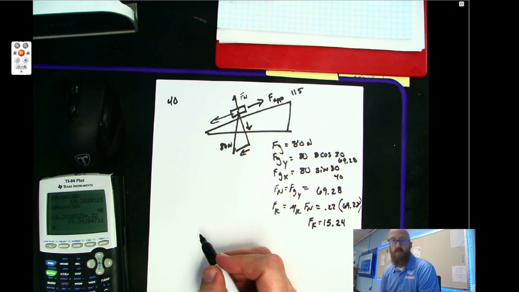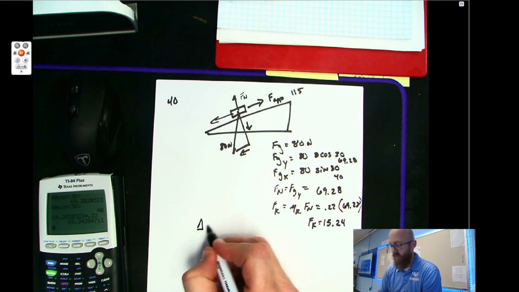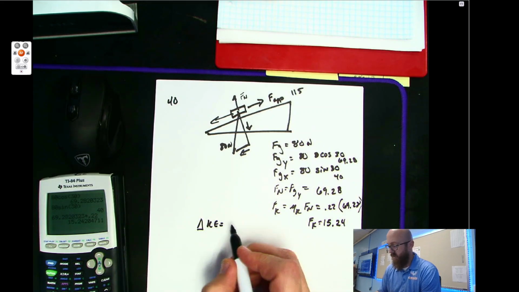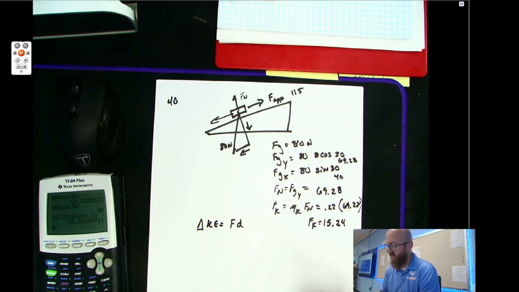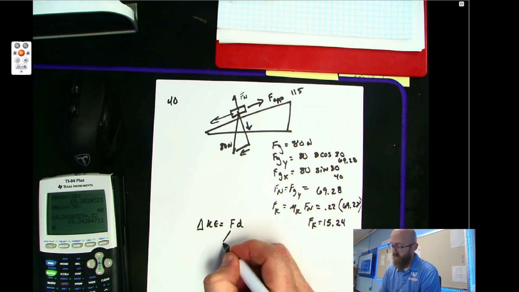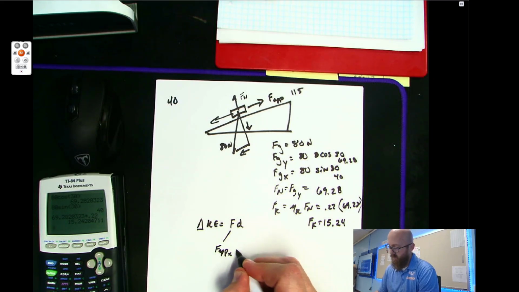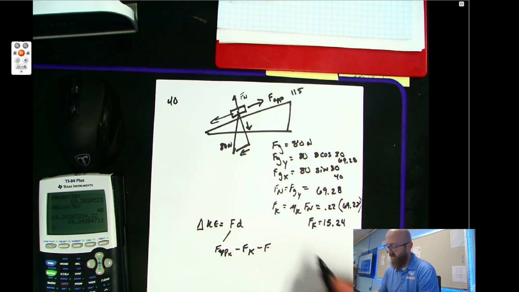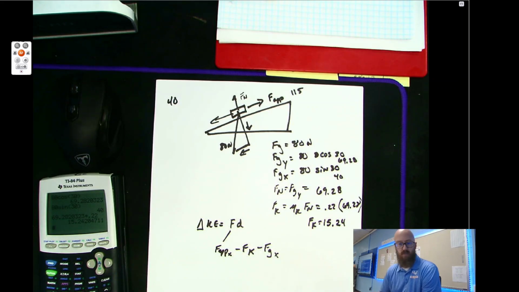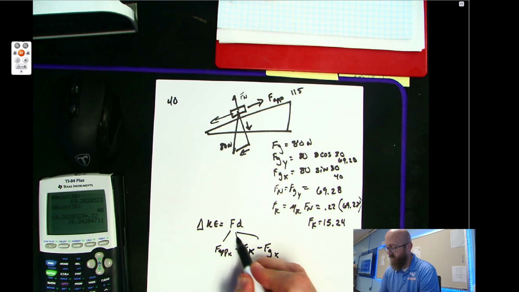So let's think about our equation for a second. You have change in kinetic energy is equal to the sum of the forces times distance. Okay, we can do that. So force applied in the X minus F of K minus F of G of X, that's all together times the distance.